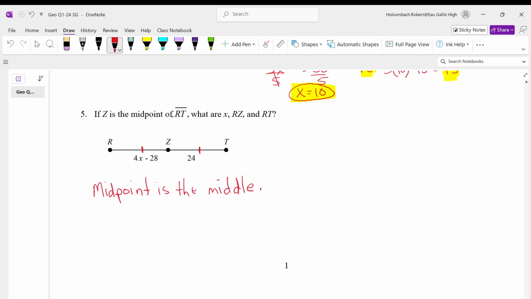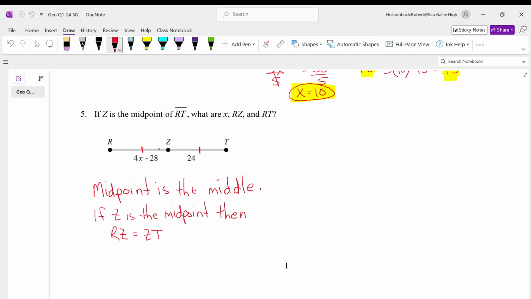And if Z is the midpoint, then RZ is equal to ZT. If Z is in the middle, then the two segments are equal to each other. You have to find X, RZ, and RT.